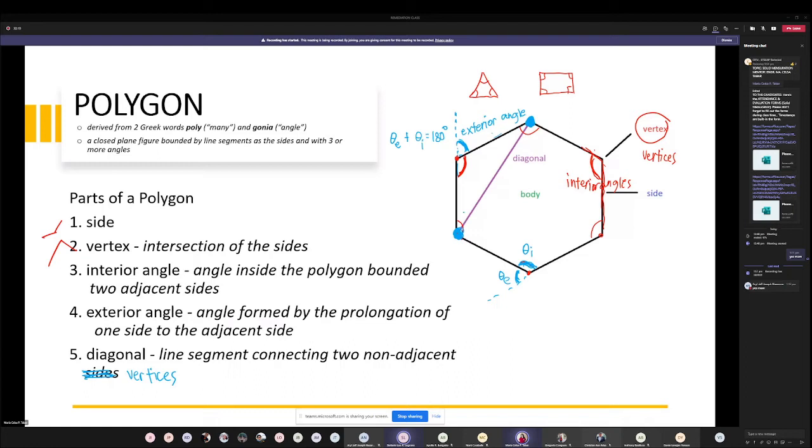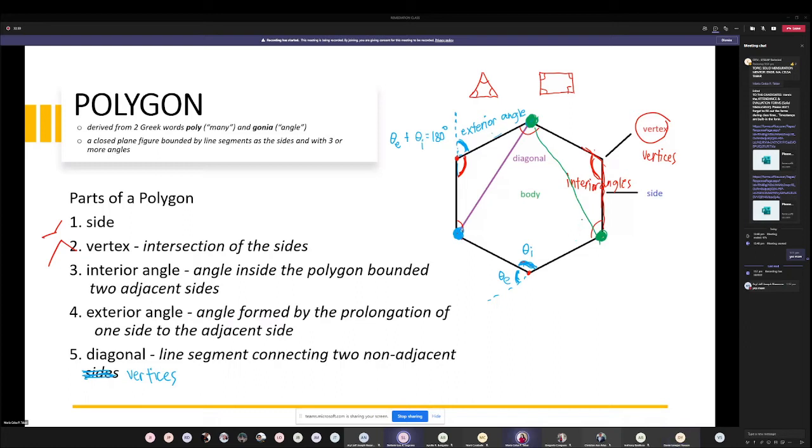If we take the same vertex, I am changing the color to green, and then get this non-adjacent vertex on the lower right of the polygon and connect them, this green line segment is another diagonal of the given polygon.